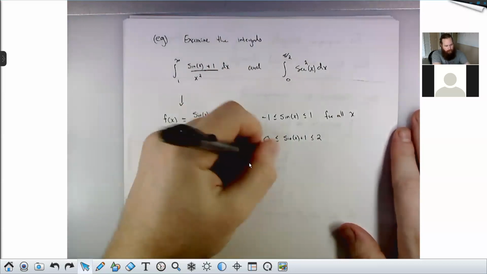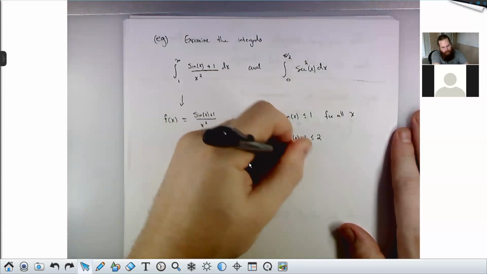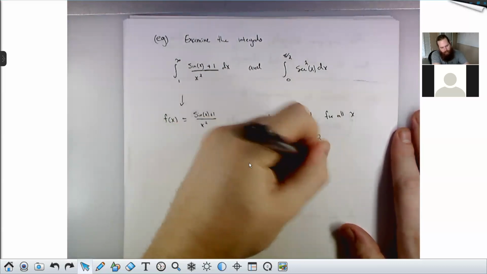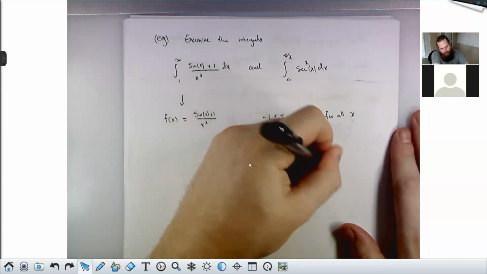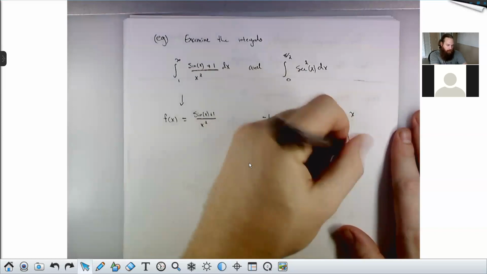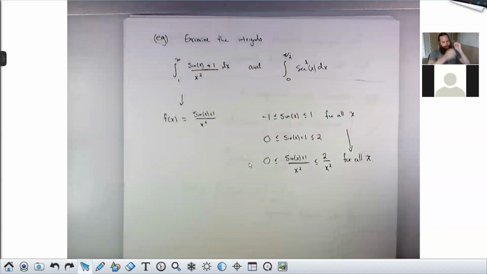And in turn, 0 is less than or equal to sine x plus 1 over x squared is less than or equal to 2 over x squared. And this is all true for all real numbers x.